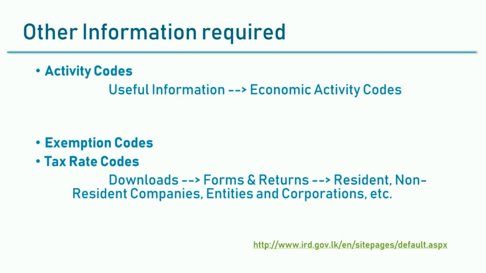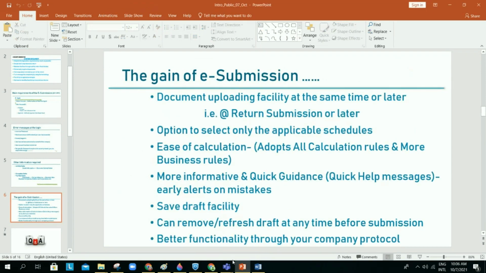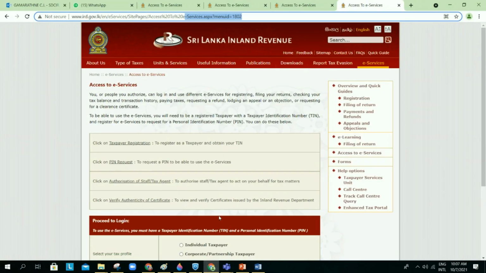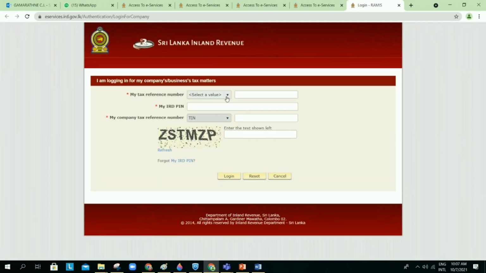Then we will see what the gains of e-submission are. I will first log into the system, then I can explain it easily. I am logging in as a corporate taxpayer. Then I enter the relevant details.